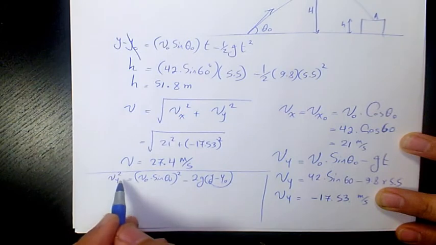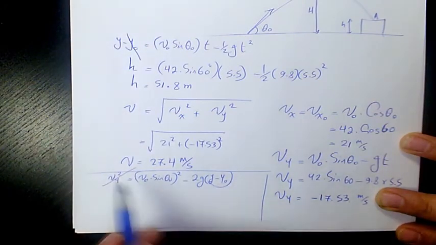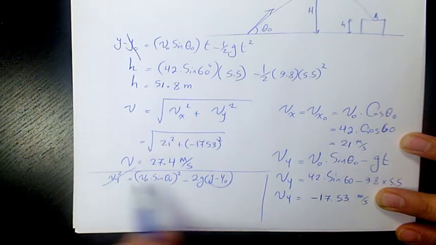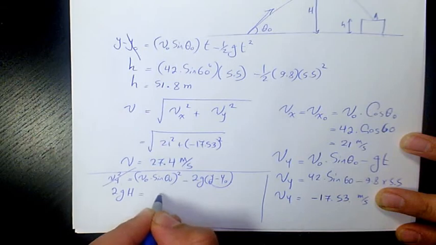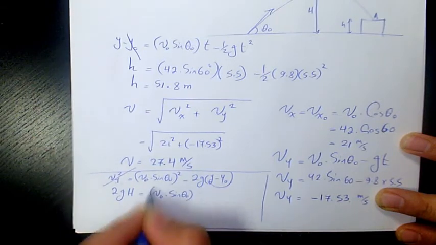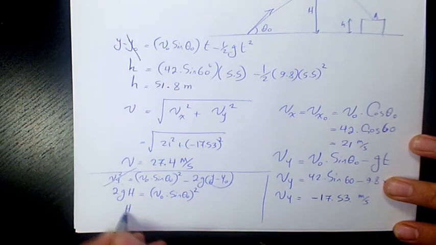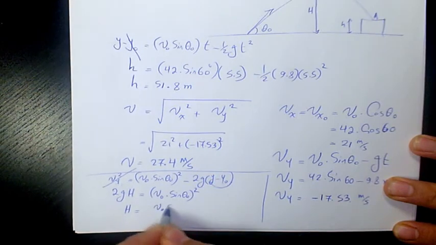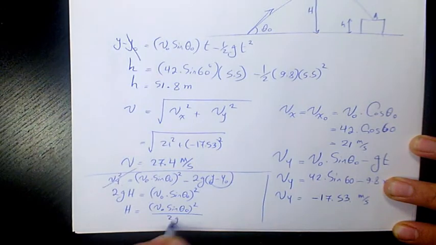We know at the maximum point Vy is 0. So for a fraction of a second, Vy will be 0. So 2gh equals v naught sine theta naught to the power of 2, so h is v naught sine theta naught to the power of 2 divided by 2g.